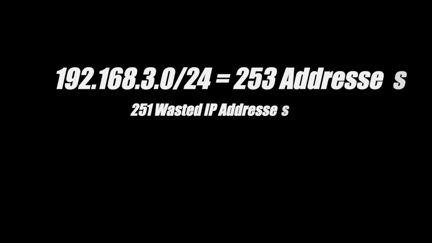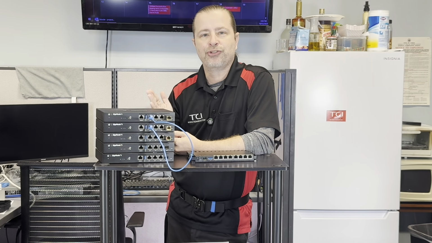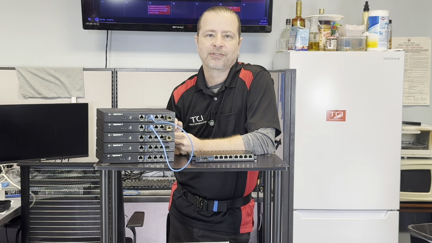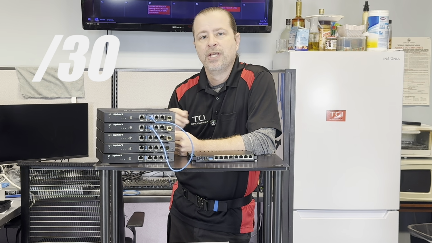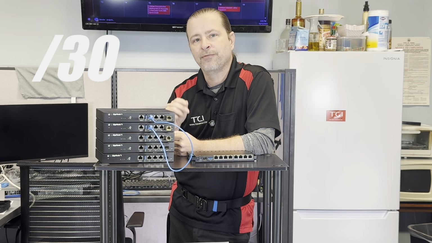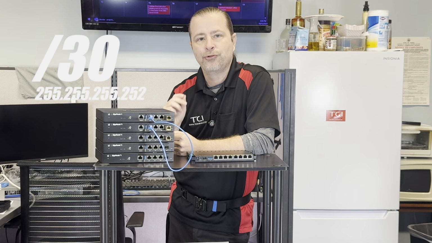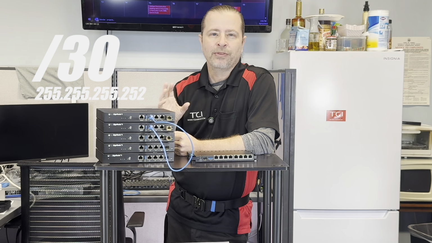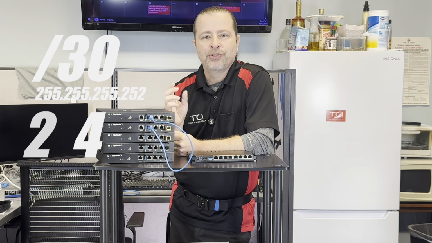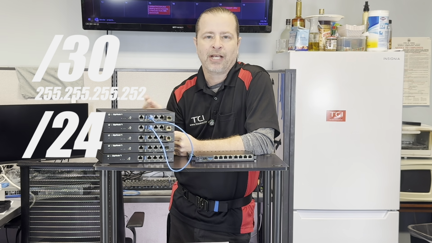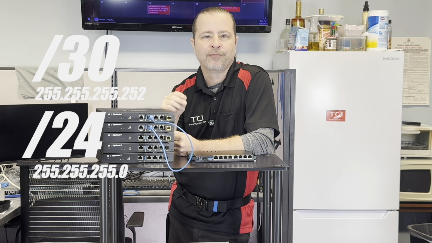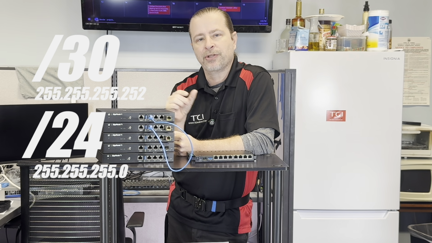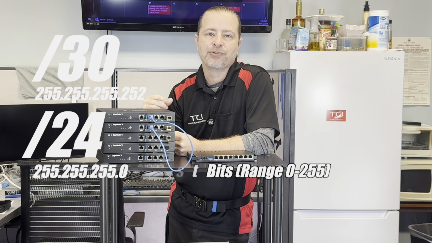So I'm going to show you a way to level up, which is to change your subnet mask. For the purposes of this lab, we're going to be using the mask of /30. That is 255.255.255.252. That's the next one down. When you're using the standard /24 mask, which is 255.255.255.0, you're actually using 24 bits to represent the network and 8 bits to represent the host.